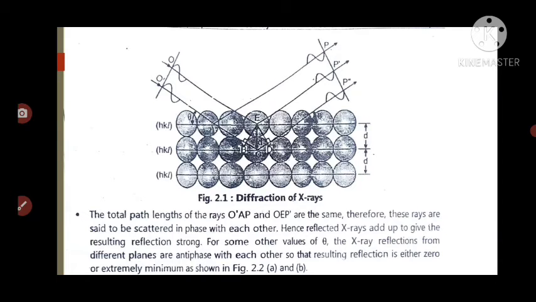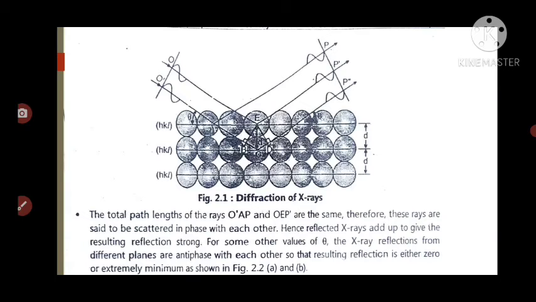So AP and A prime P are scattered at the angle theta from this plane, as shown in this figure. If we see the detail of this diagram, there are three HKL planes, and the distance between two HKL planes is denoted by small d, the interplanar distance.